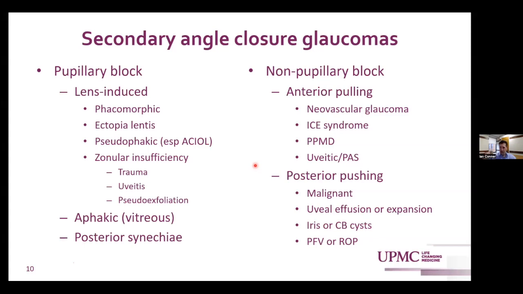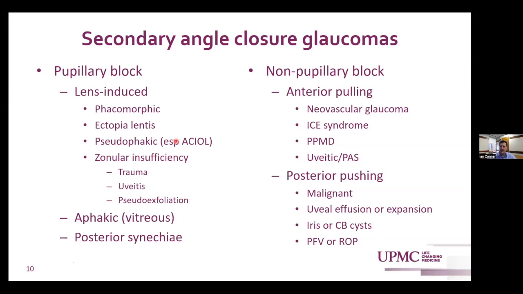Ectopia lentis, so you have a round lens causing pupil block, and there's a lot of causes of ectopia lentis. Pseudophakia, especially ACIOLs: any patient with an anterior chamber intraocular lens needs to have an iridectomy to prevent the possibility of pseudophakic pupillary block. And then zonular insufficiency from trauma, from uveitis, and in our population from pseudoexfoliation is relatively common.